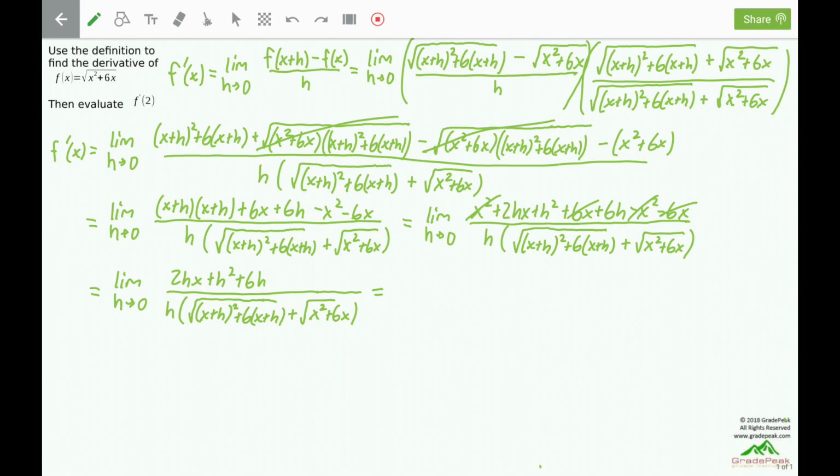And we can now factor an h out of the numerator. And that will leave us with a 2x plus an h plus a 6. And that h that factored can now cancel with the h in the denominator.